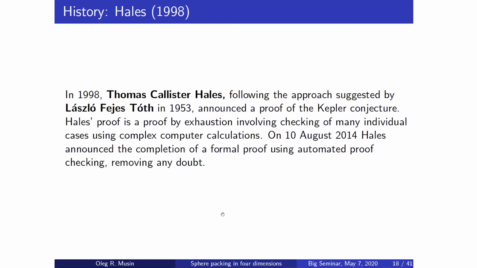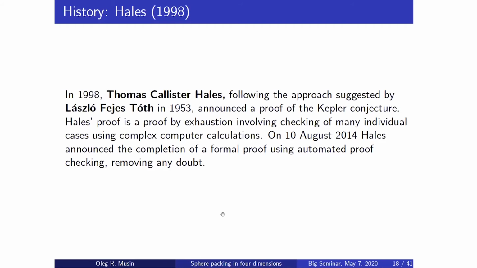It took 8 years because it was a computer-assisted proof and it was impossible to check. As I remember, he considered about 5,000 cases, which are not simple computations. The first version of his program needed several months of computer time.